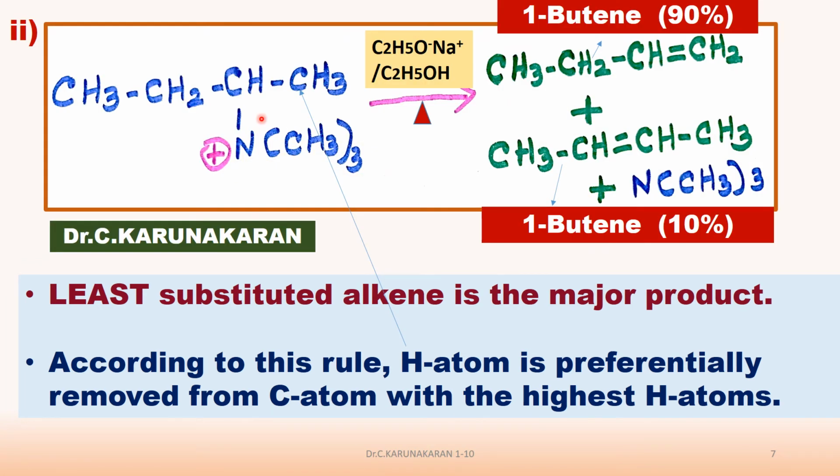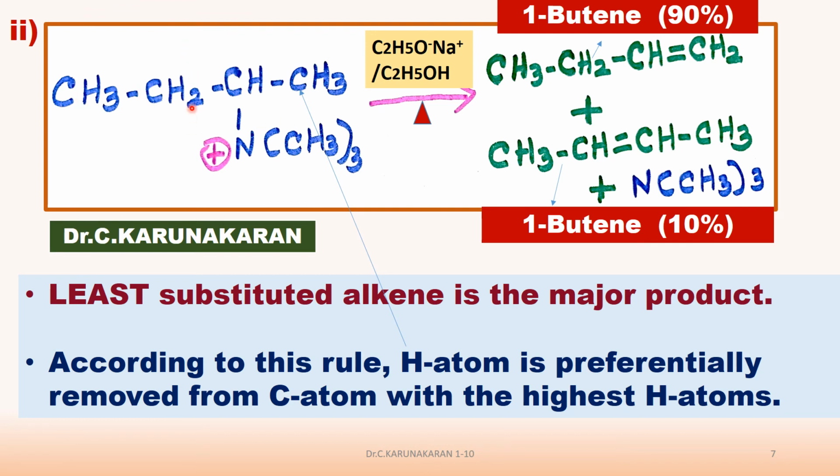Here is another example to clearly demonstrate this Hofmann rule. Here there are 3 methyl groups. They cannot form an alkene. Only this alkyl group can form an alkene. There are 2 possibilities. A hydrogen atom can be removed from here. The bond is broken on heating.